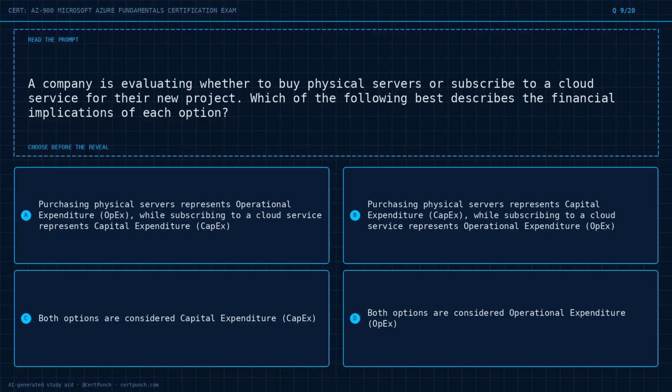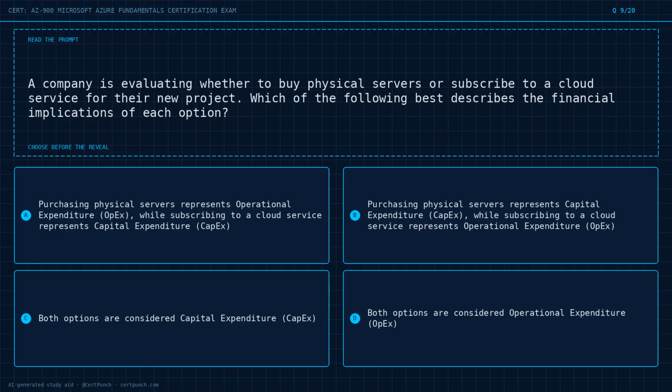Question 9 of 20. A company is evaluating whether to buy physical servers or subscribe to a cloud service for their new project. Which of the following best describes the financial implications of each option? Option A. Purchasing physical servers represents operational expenditure, OPEX, while subscribing to a cloud service represents capital expenditure, CAPEX.